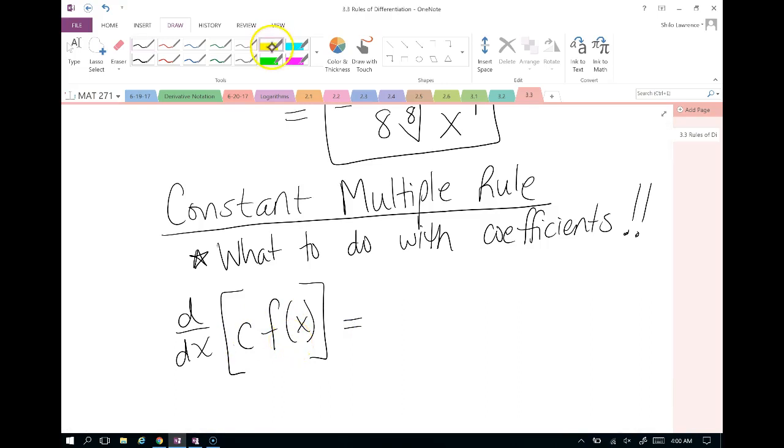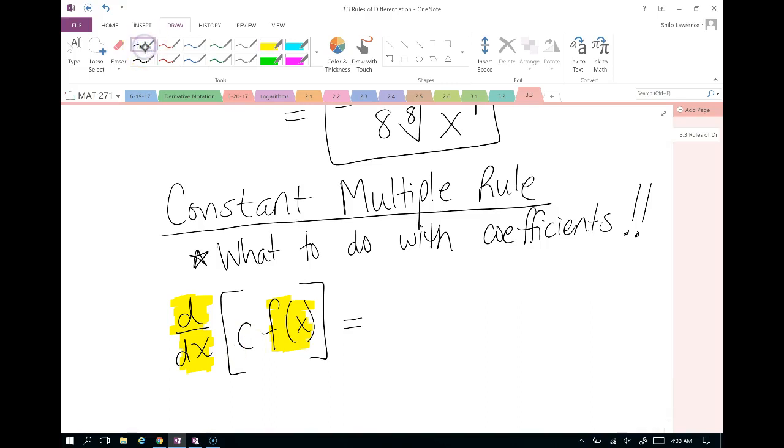This derivative says, technically, take the derivative of the x's. It's the x's that we apply our derivative rules to, and the x's are inside of this function. Now, c is still going to be part of the answer, but it's not going to affect how we take the derivative.